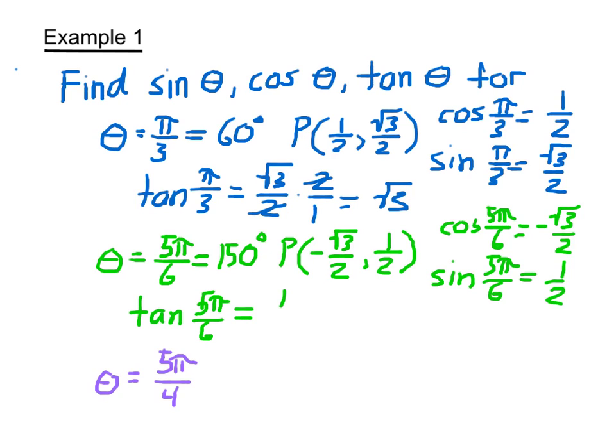So we have 1/2 divided by negative square root 3 over 2. But again, I'm going to multiply by the reciprocal here. And you can see that I'm left with 1 over negative square root 3. If we rationalize the denominator, I have negative square root 3 over 3.